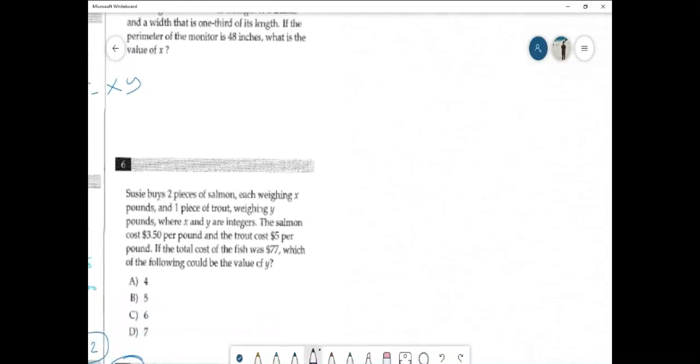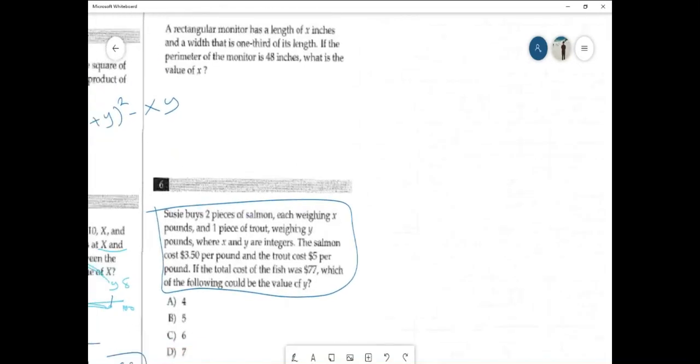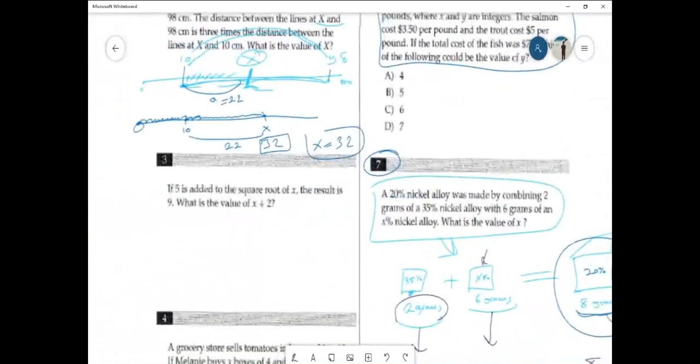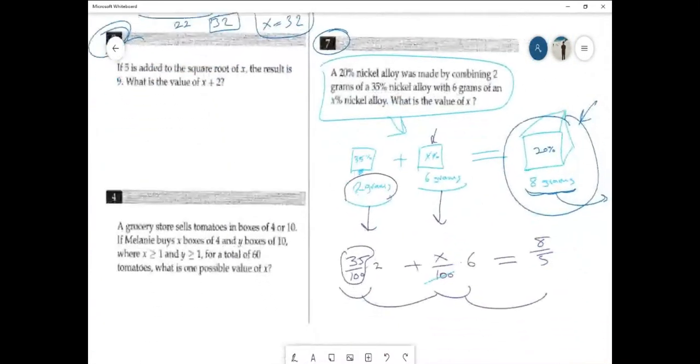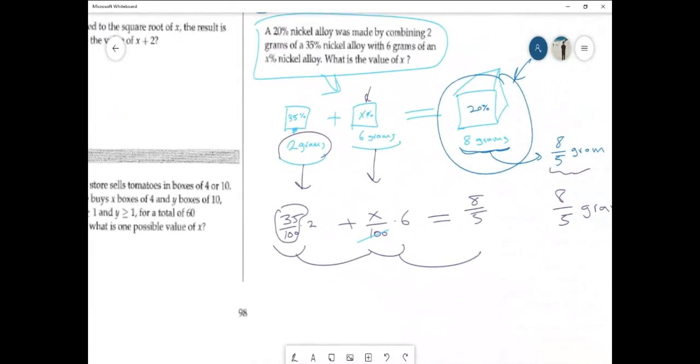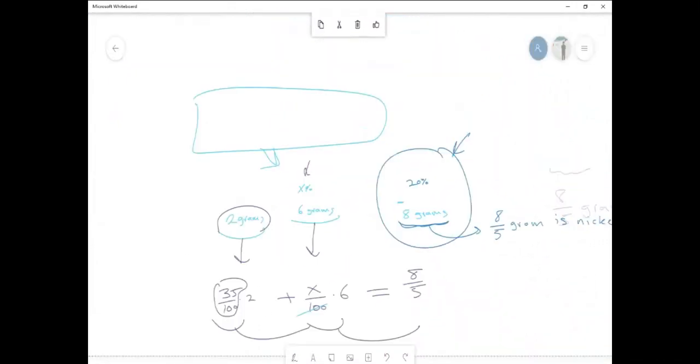Oh, this question is easy. In SAT, if you see long questions like this, it's super easy. And if you see a question like this, it's hard. No, I'm joking, it's not hard.